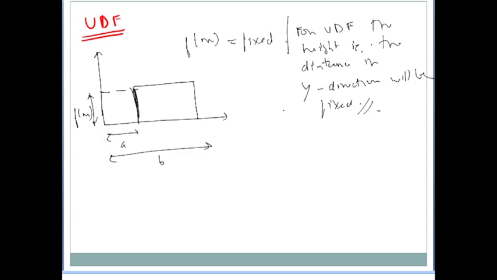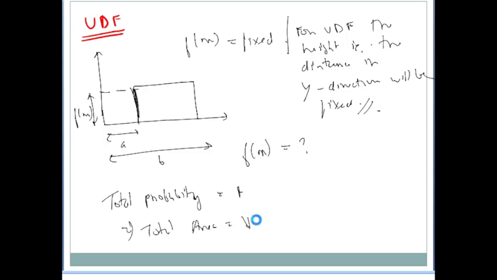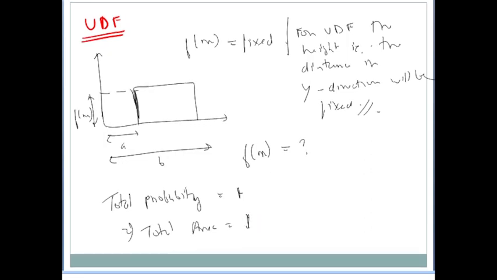Okay, so now what will be the value of fx? We know that the total probability is equal to 1, therefore the total area will also be equal to 1. In case of UDF this is rectangular, therefore base into height is equal to 1.